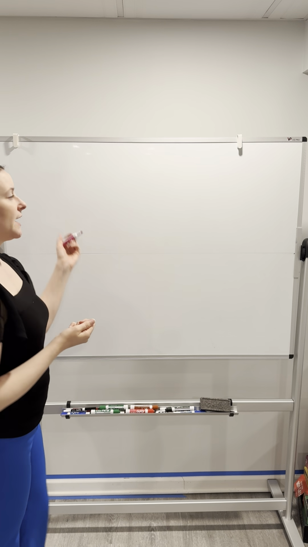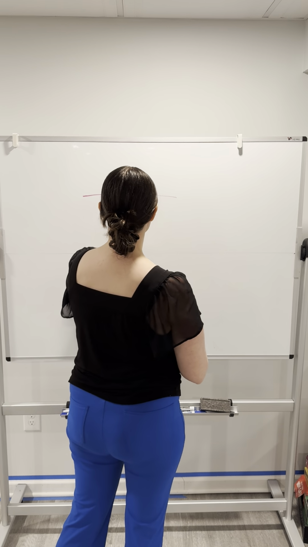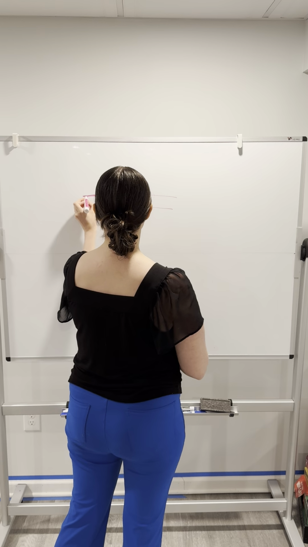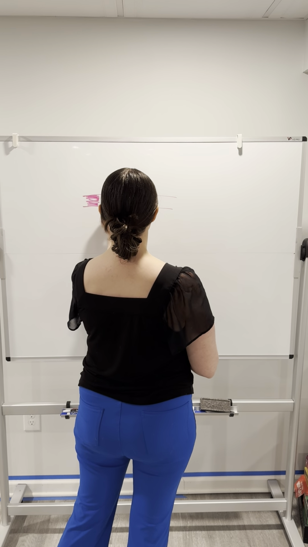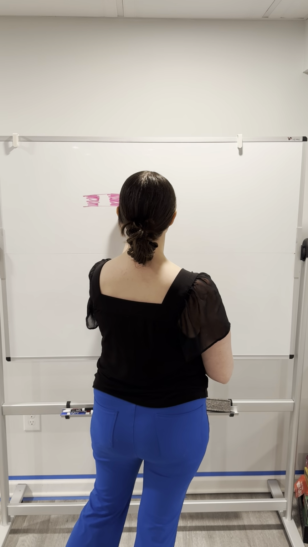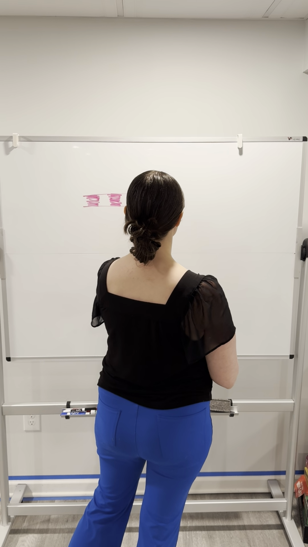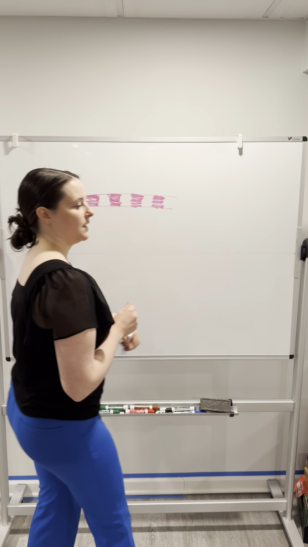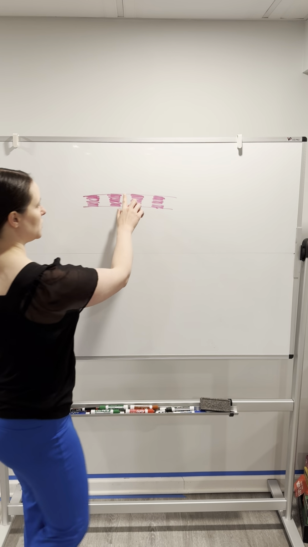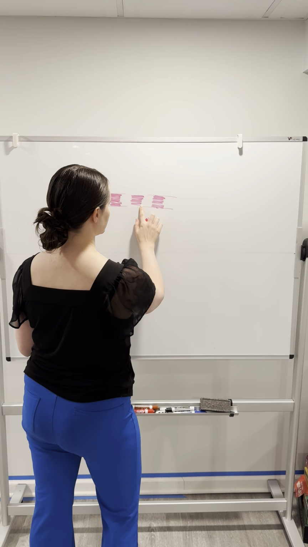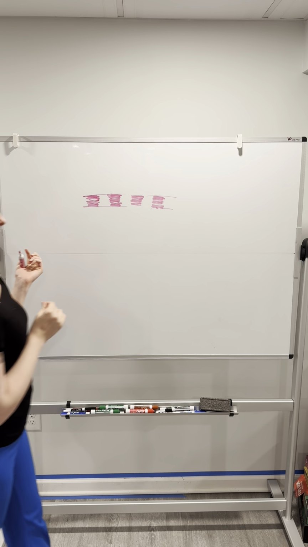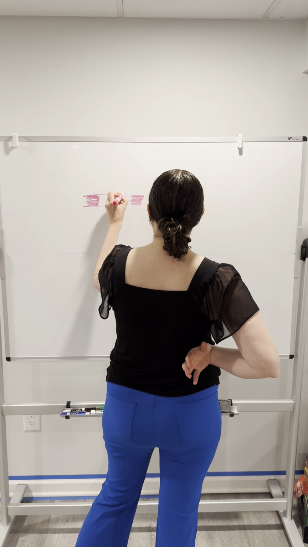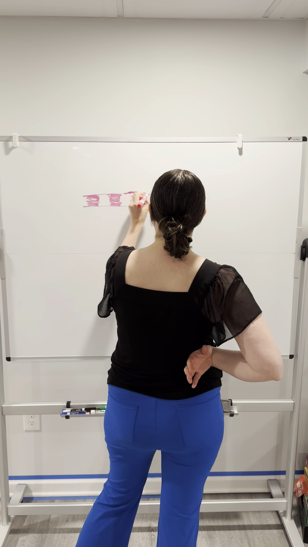So how it would repair: I'm going to draw my axon here with my myelin sheaths. This is a myelinated axon, and in pink here is my myelin. If there's some sort of damage where the membrane disintegrates here, the Schwann cell can come and form a regeneration tube.